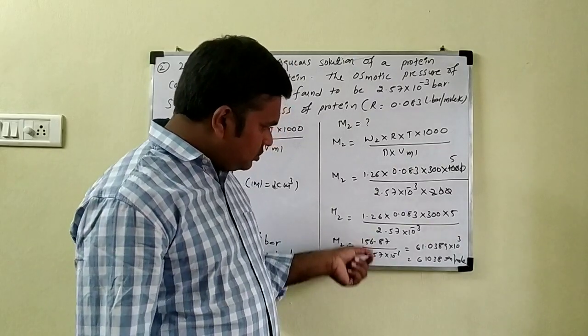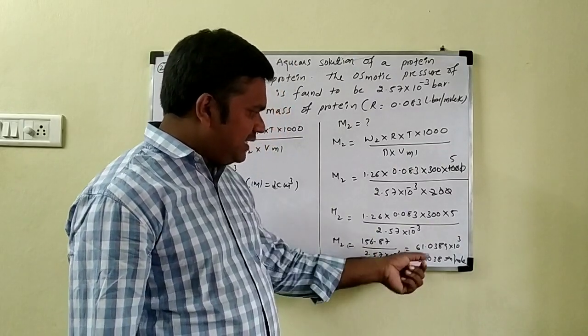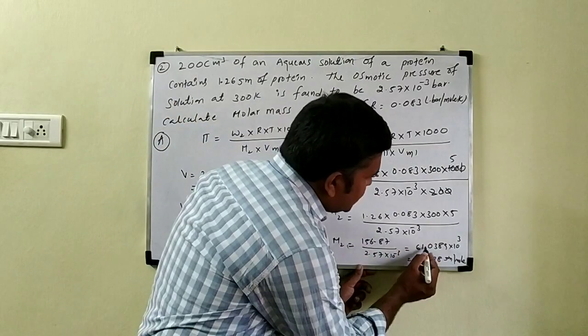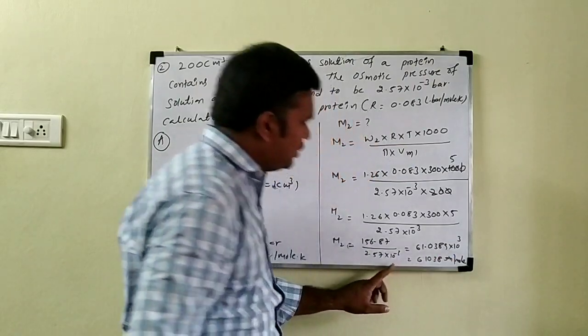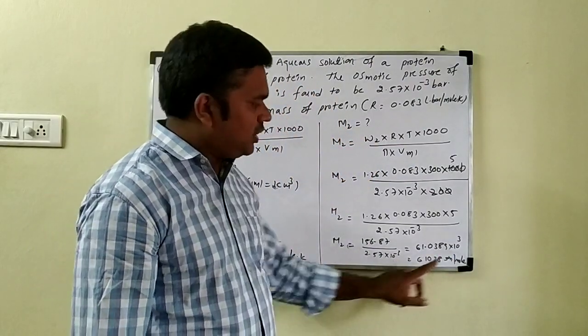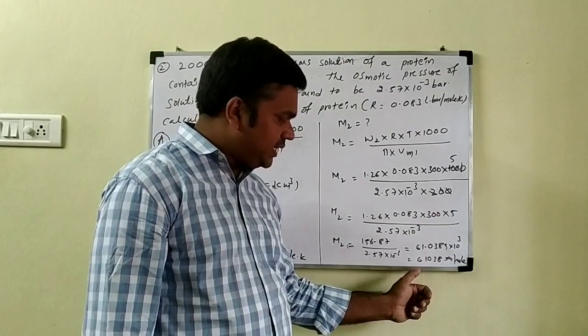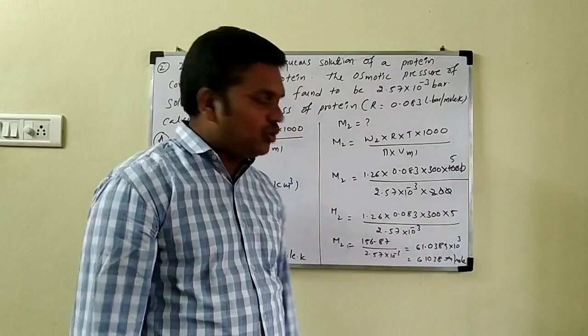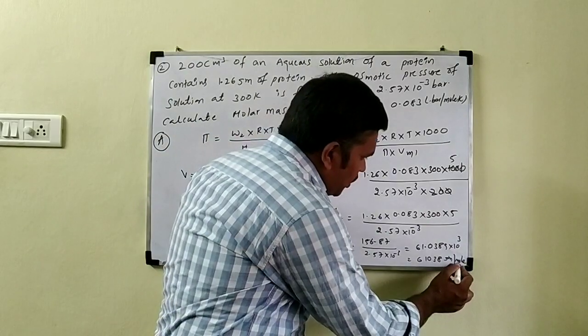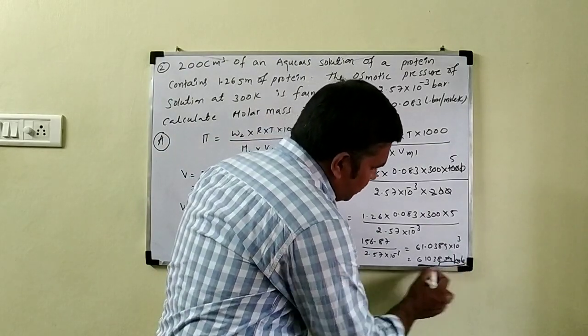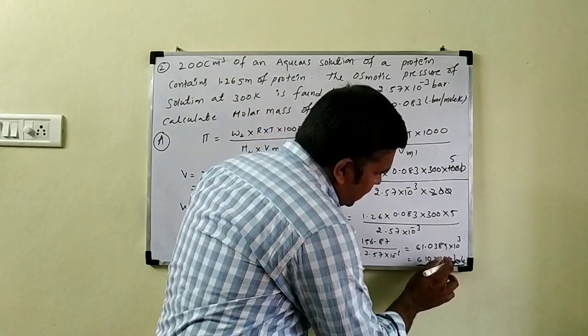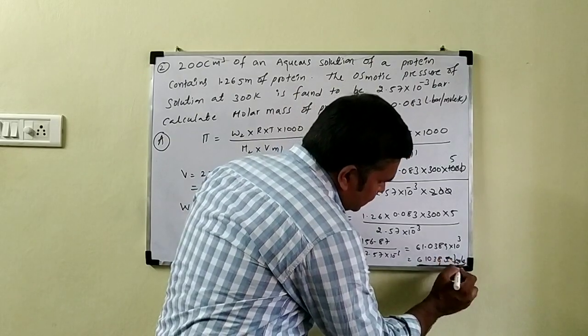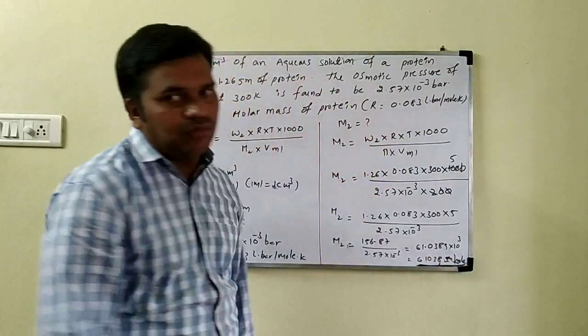If you divide these two values, you will get 61.0389, and 10 power minus 3 becomes 10 cube. So the value you are getting here is 61038 gram per mole. This is the molar mass of the protein molecule.